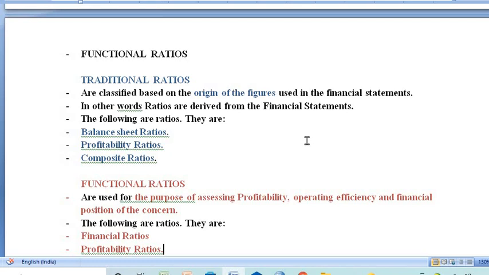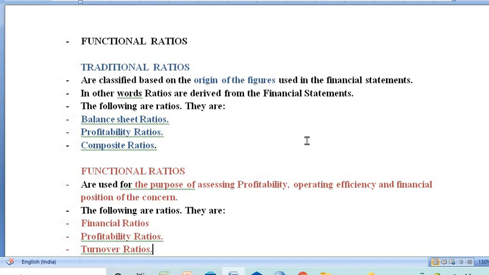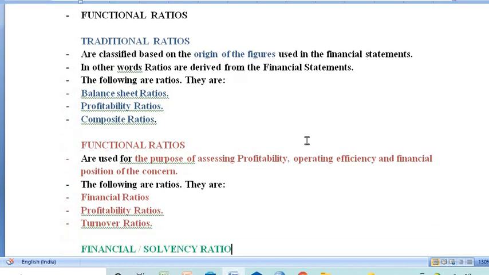We want to identify, based on the financial statement, what the profit of the business is, how the business is operating, whether it is operated efficiently or not, and what the financial position or soundness of the business is. All these we identify from the financial variables given in the financial statement. Those ratios we call functional ratios. Under functional ratios we have a classification: number 1, financial ratio, number 2, profitability ratio, and number 3, turnover ratio.